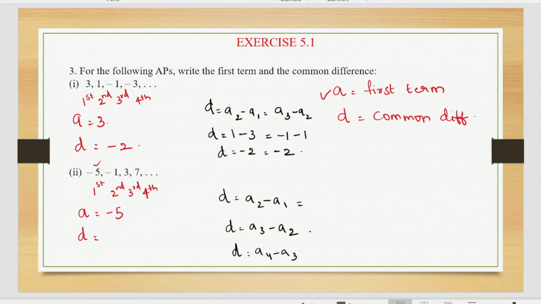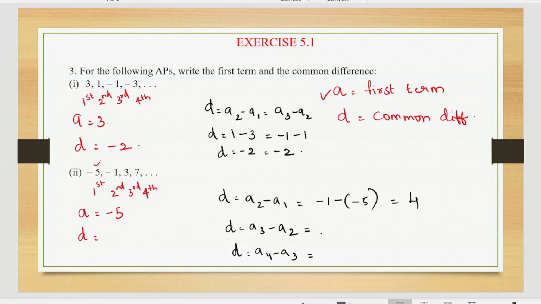Since it is an AP, we will have the same common differences. Let us find the common difference for this AP. For the first two terms, A2 minus A1, which is -1 minus of -5: -1 plus 5 is 4.